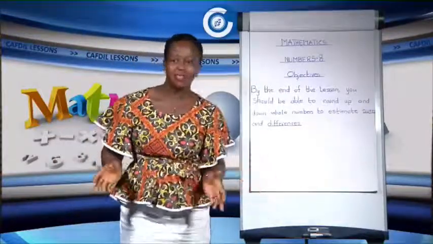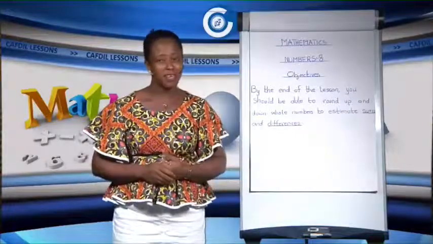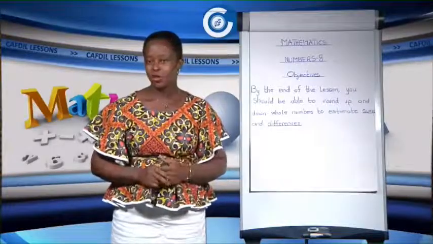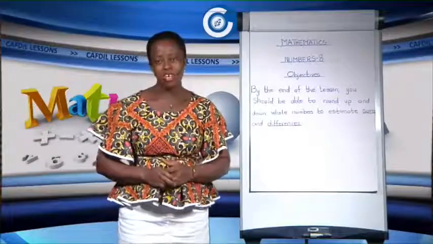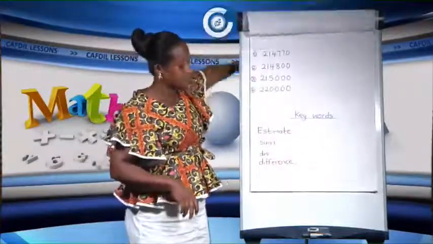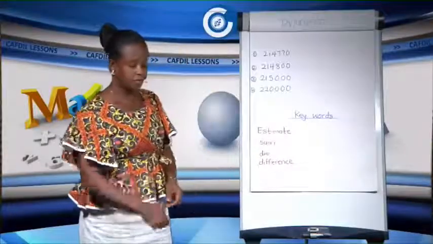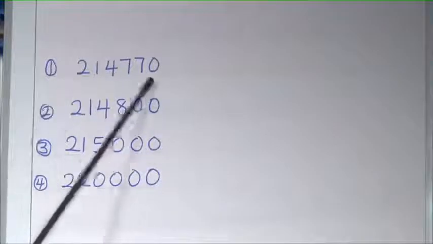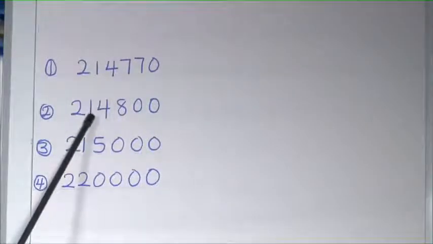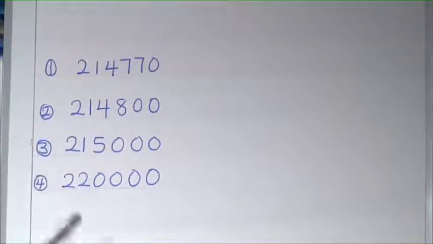Before that, as usual, our homework. Take your books, your pens, and then check your answers with mine. The first one, you have this, the second, third, and then the fourth one, which is the last one.